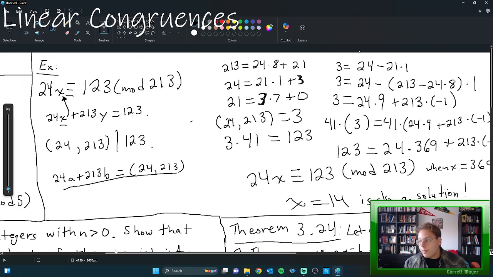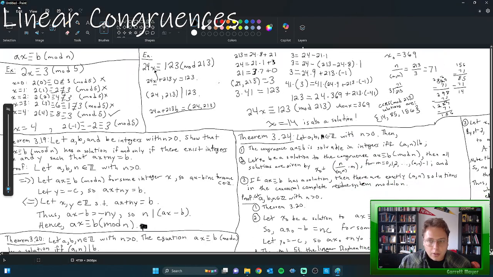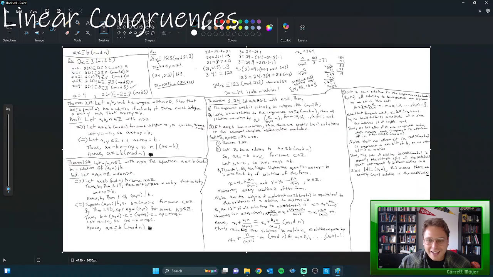What I would recommend now, if you want to learn this better, is to continue trying to apply this to other possible equations. And let's just zoom out and see all that we've done today.